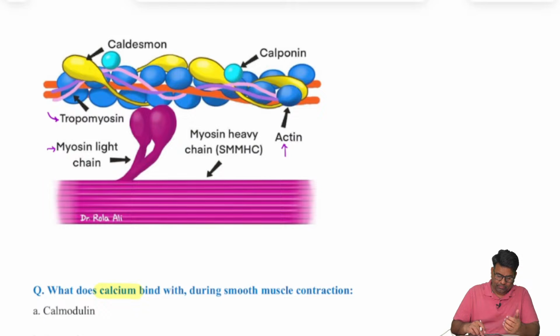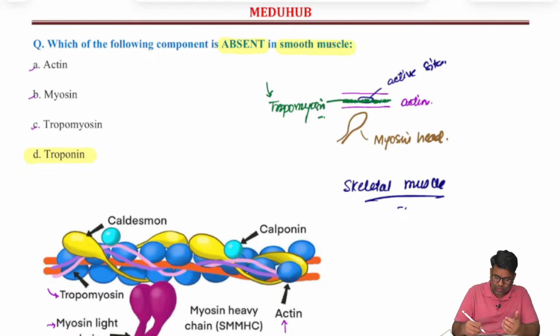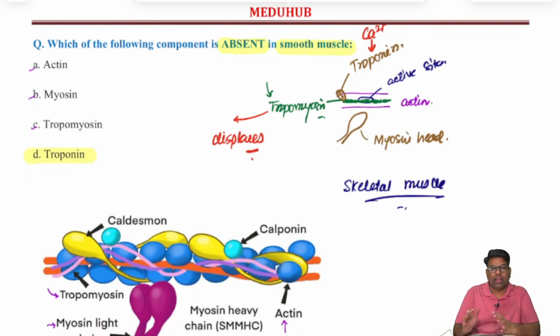So we know that in the case of skeletal muscle, there are troponins, and the calcium binds with these troponins, and this displaces the tropomyosin, exposing the active sites so that the myosin head can bind to it, and then this results in muscle contraction.